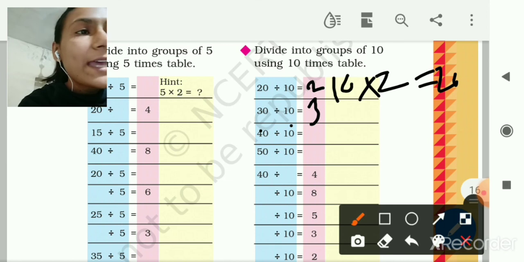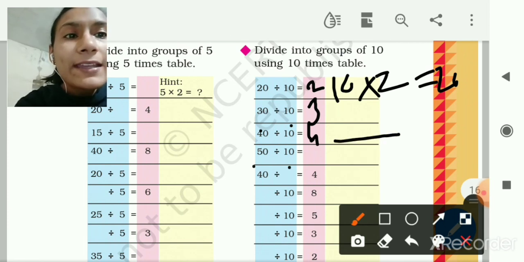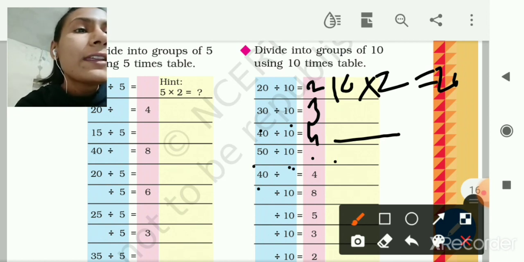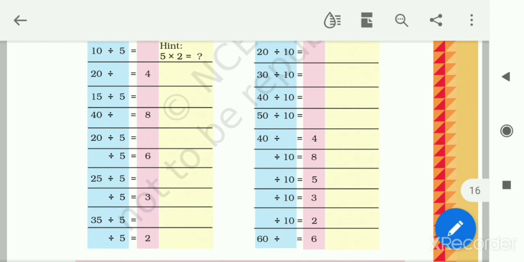So 10 3s are 30. Then 40 divided by 10 is equal to 4. 10 4s are 40. 50 divided by 10 is equal to 5. 10 5s are 50. Then here 40 divided by 10 is equal to 4. 10 4s are 40. So this one you can practice at your home.